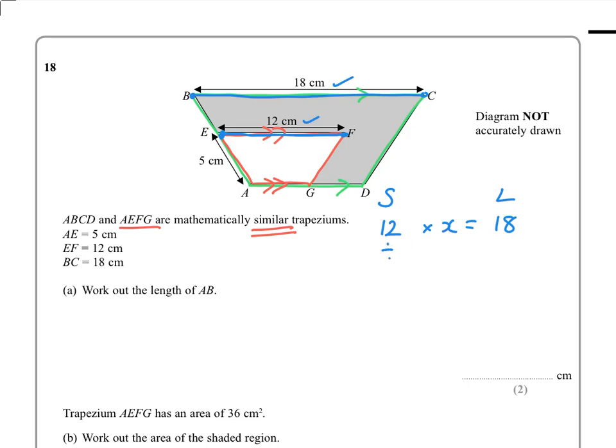So if we divide both sides by 12 here, we'll end up with x, which is the scale factor of enlargement, is 18 divided by 12. Well, 18 is 3 times 6, and 12 is 2 times 6. So we get the scale factor of enlargement is 3 over 2, or 1.5. So we'll write that down.